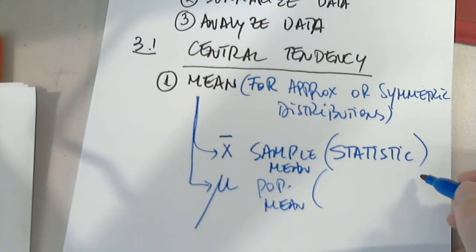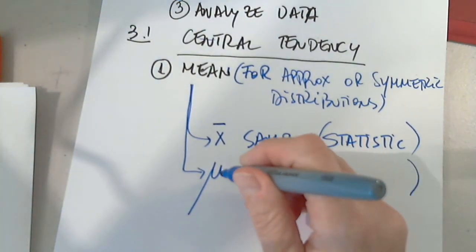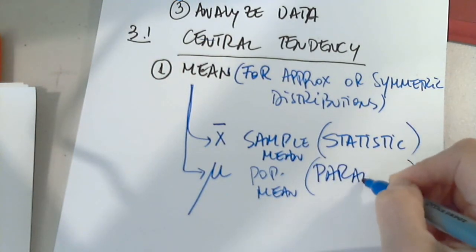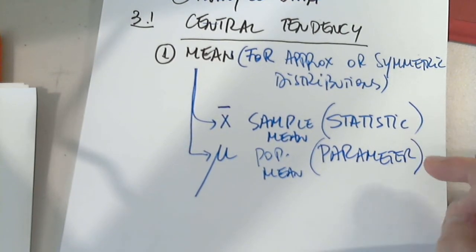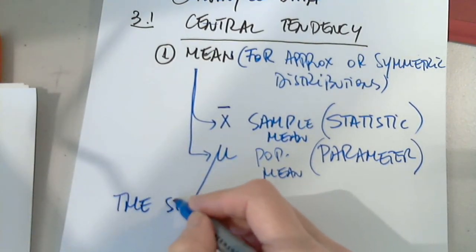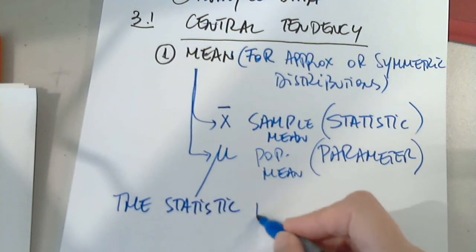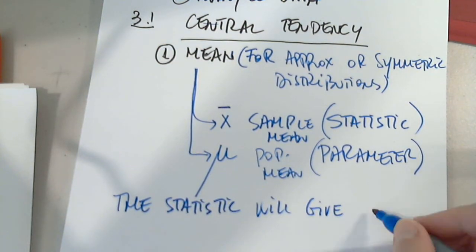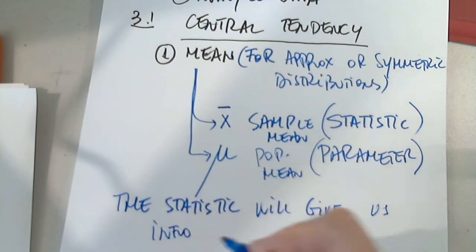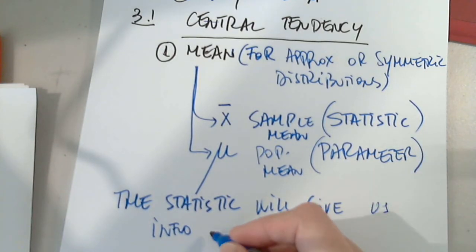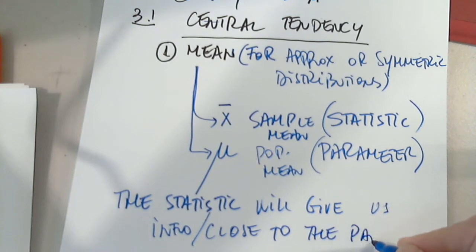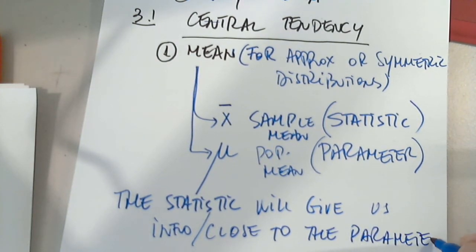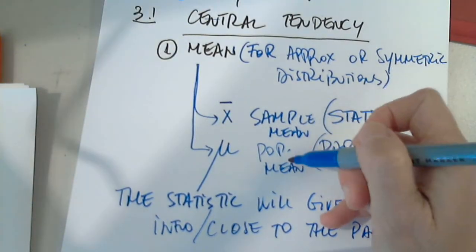We also talked about that a long time ago, and this is called a parameter. We said the statistic will give us info, not the exact parameter, but close to the parameter. That's why we want to determine this.